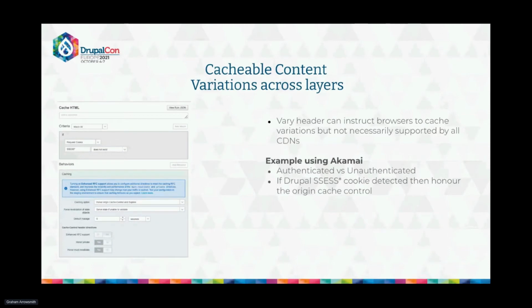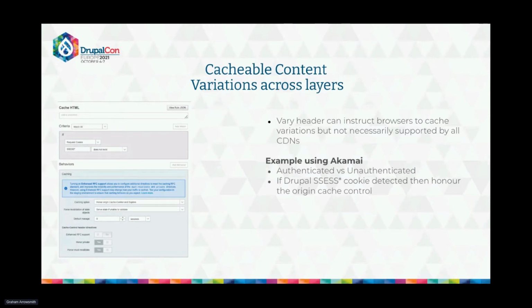And we used the Akamai behavior here that you see on the left to identify if a session cookie existed, and if it did, then we would honor the origin cache control and expires headers from the origin and pass that request through. The user is authenticated, therefore we're going to show them fresh content direct from the origin. But for unauthenticated users, we will serve cached content.